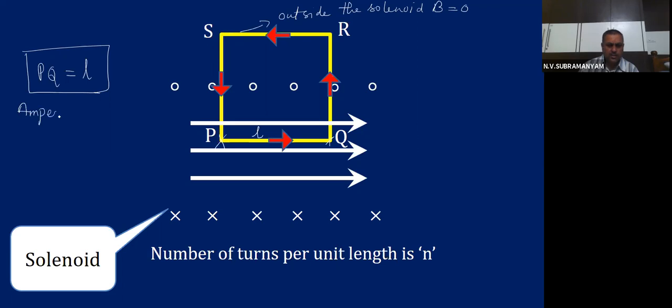Yes. Do you remember Ampere's law? What does Ampere's law tell to us? Integral B dot dl is equal to mu 0 into I. Let me erase and write clearly.